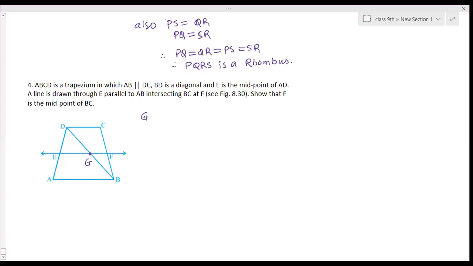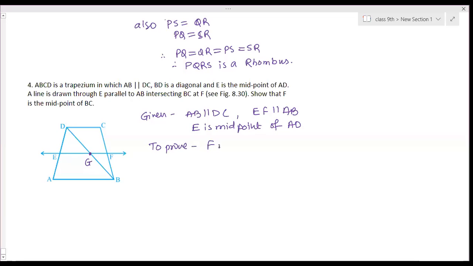So here they have given only AB parallel to DC and EF parallel to AB, and E is midpoint of AD.